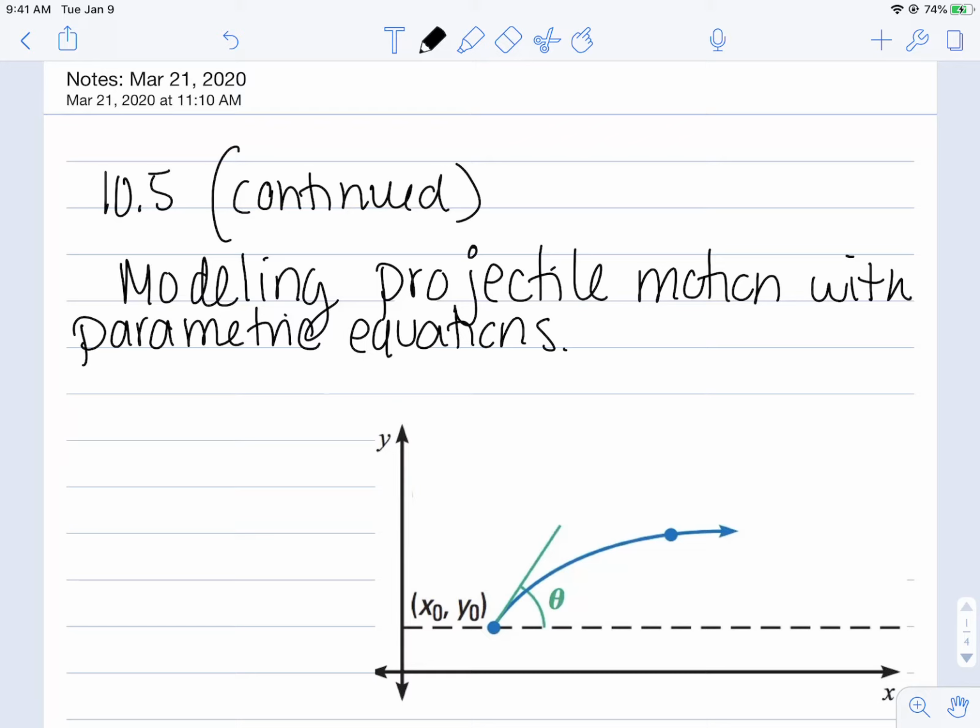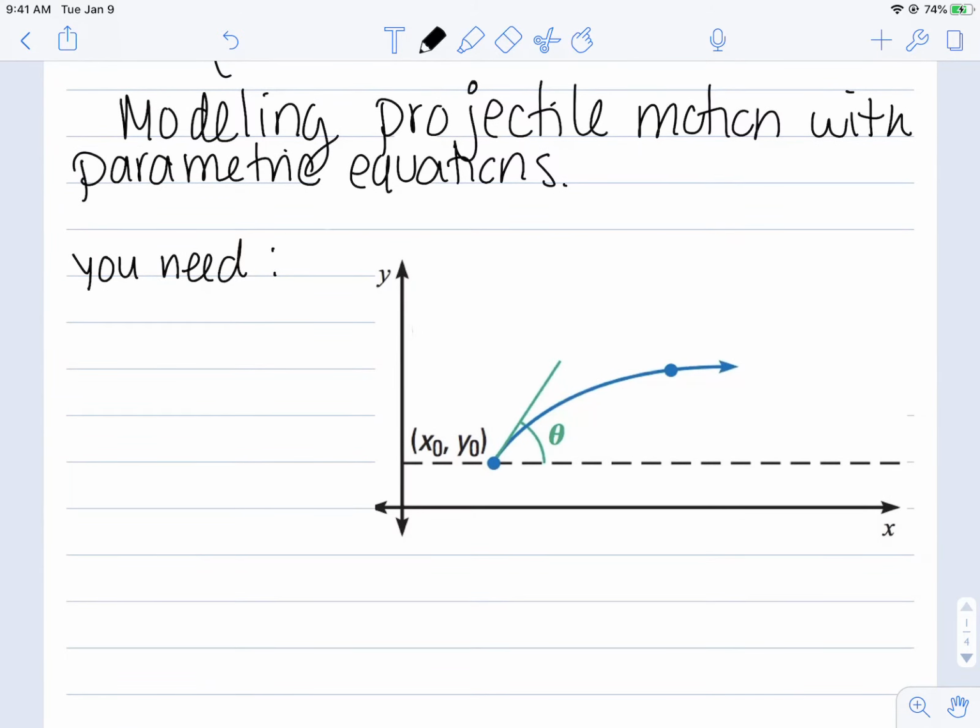So what you need, I'll write it down, is to know the initial velocity. It can be called v naught or just v for the initial velocity of your projectile.